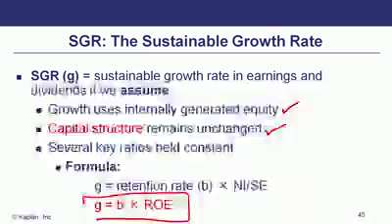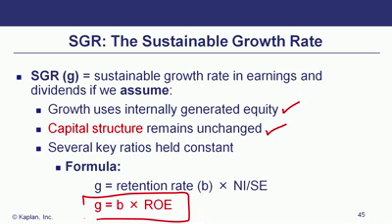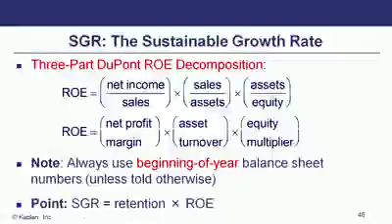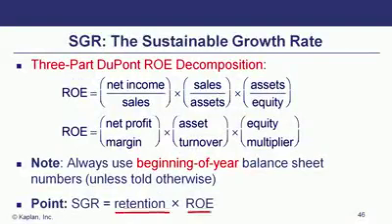Net income divided by shareholders' equity. So retention rate times ROE, again, we already knew that from level 1. Why is it useful? Obviously we need the sustainable growth rate to get our dividend valuation model. We can go back even further and say, if I want to get the sustainable growth rate, it's the retention rate times ROE.